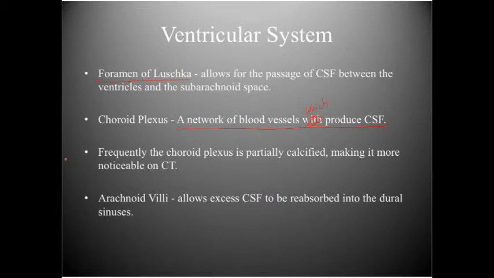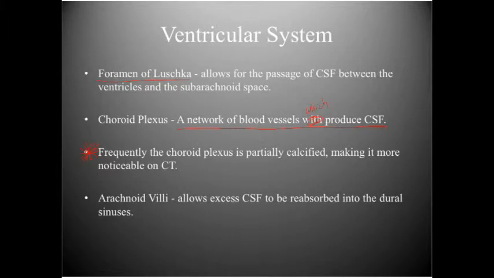And so you're typically going to see this. Typically, you can see a calcified choroid plexus even on patients as young as 20 or even in their teens, because it's one of the first few things that actually becomes calcified. So it's not too worrisome if you actually see this on a younger patient.